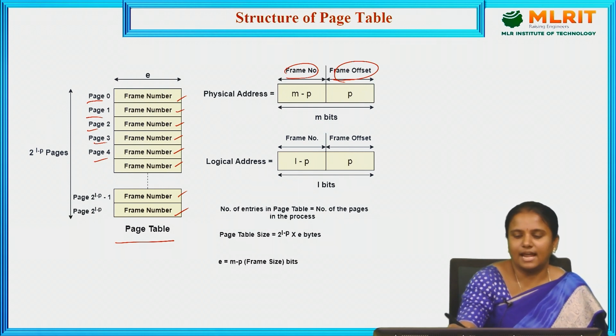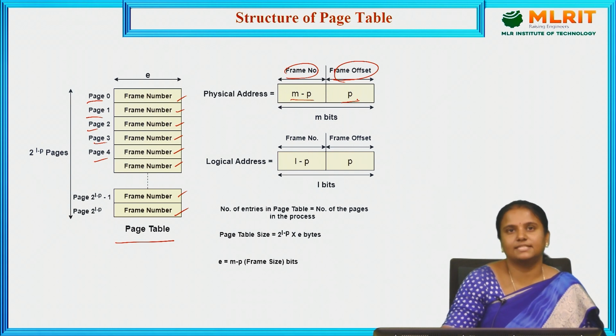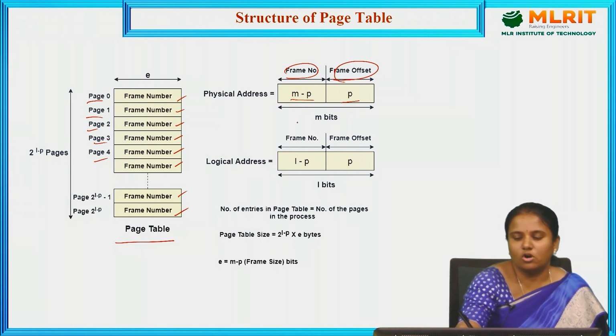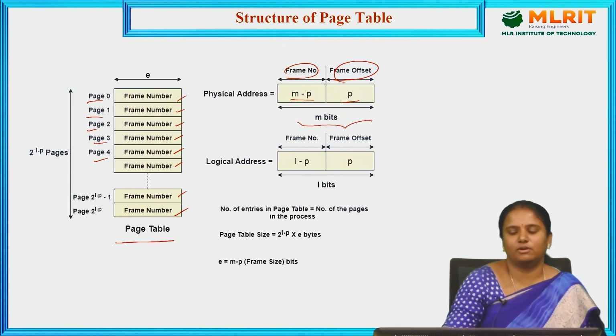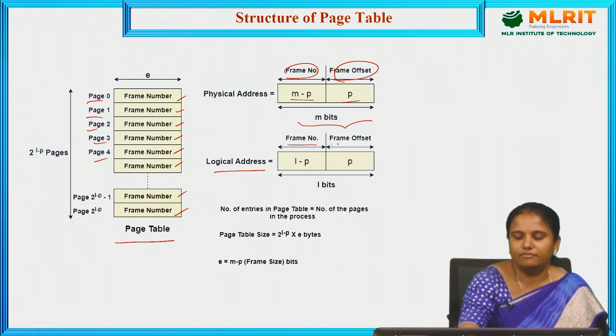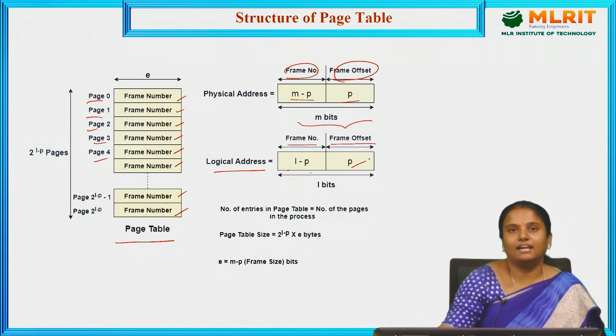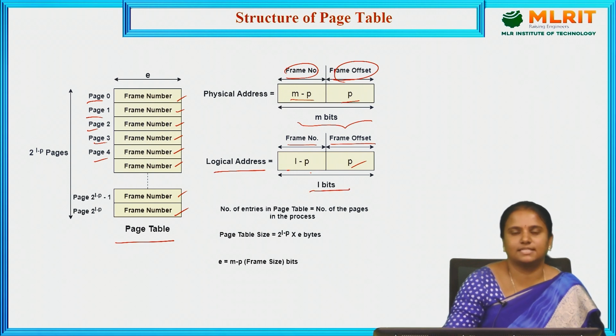So, the physical address is M minus P bits plus P bits, so the total is M bits, memory bits. So, logical address, frame number, frame offset. Logical is L minus P, and P is the offset here, and it consists of L bits.